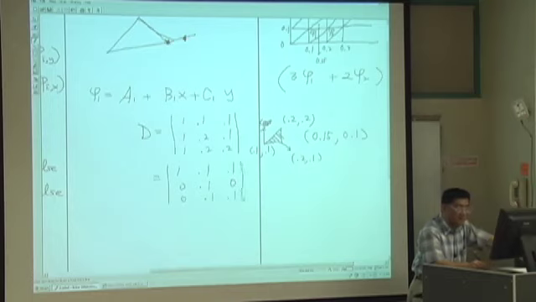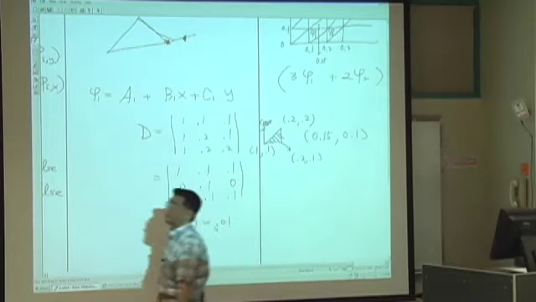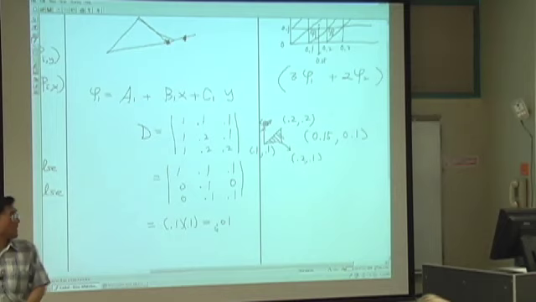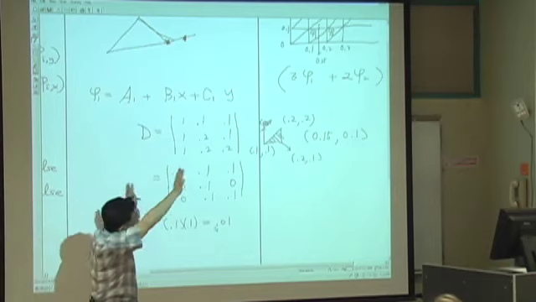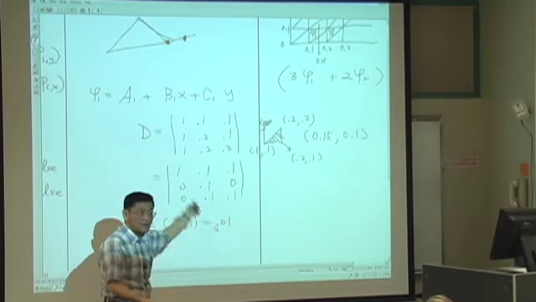And then do the cofactor expansion over this row, then we will eventually get 0.1 multiplied by 0.1. So it is 0.01, right? So D is found. Simple determinant calculation. But throughout the whole domain, all the triangles have these values, essentially.